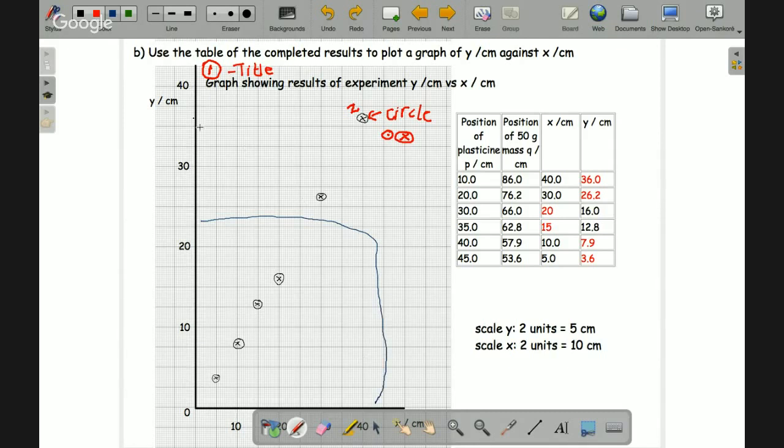You want it to fill up something like that. Actually, I had to flip this graph sheet because I was ending up with too small a graph. If you have to flip your graph to get a better scale so it uses up more, you can go ahead and do that. So the third point is use 75% of graph paper.